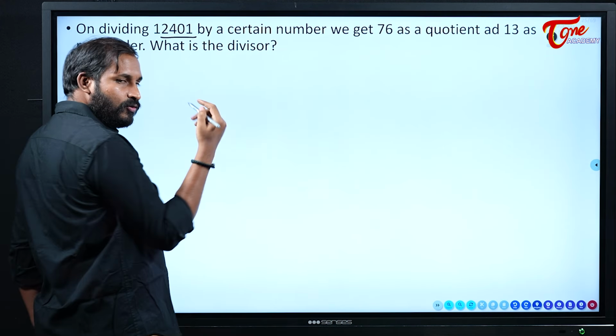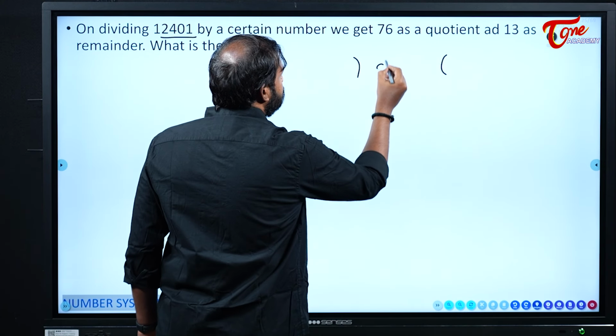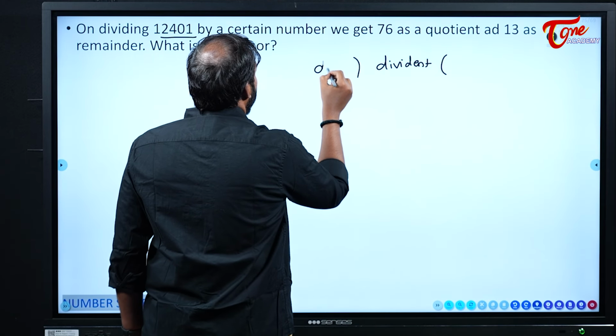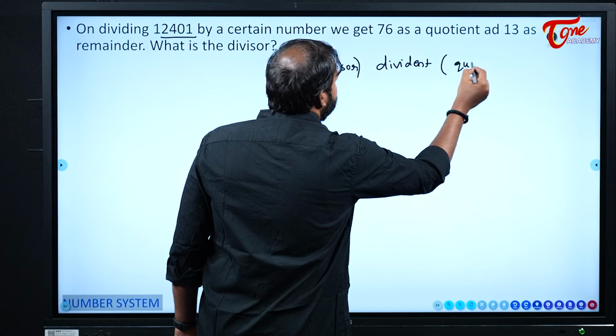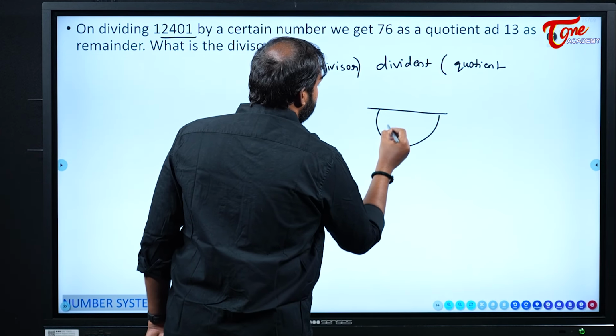So here we need to know one relation. We already know that relation, but for your knowledge: dividend, divisor, quotient and remainder.